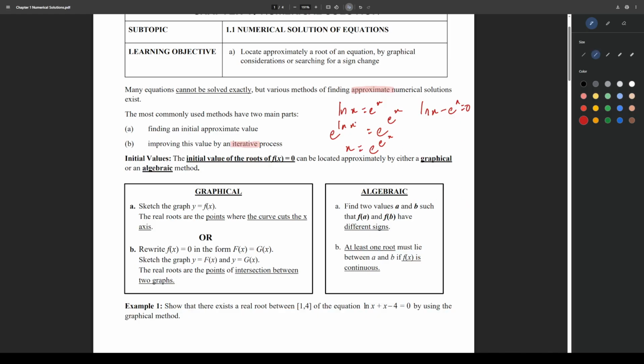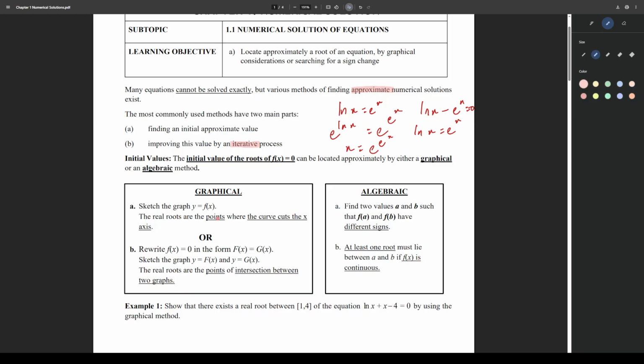Ada contohnya kalau macam ni, kamu ada ln x minus e^x equals to 0, kamu pindahlah e^x tu ke kanan, ln x equals to e^x. Situ baru kamu akan sketch. Kamu sketch satu ln x, satu e to the power of x. So the real roots are the points of intersection between the two graphs. So kamu cari point of intersection.